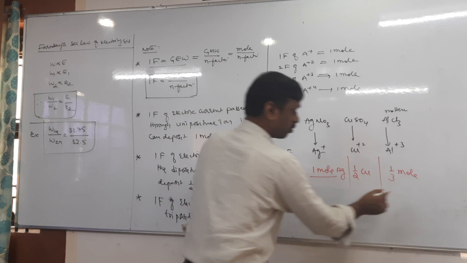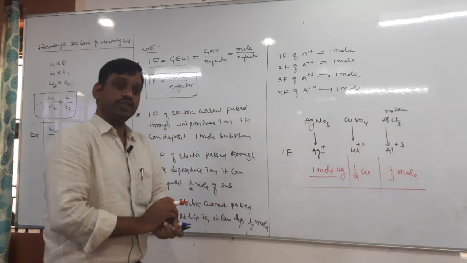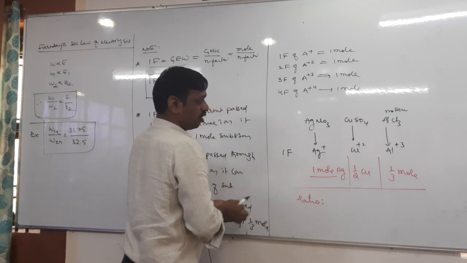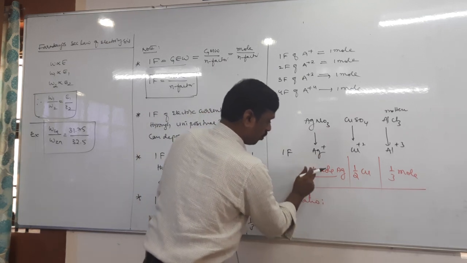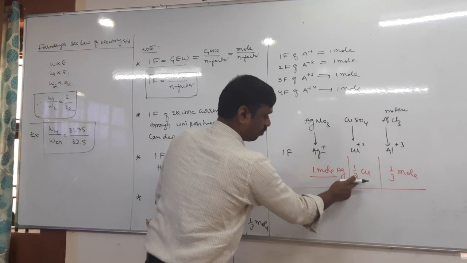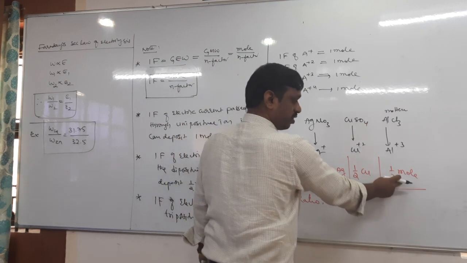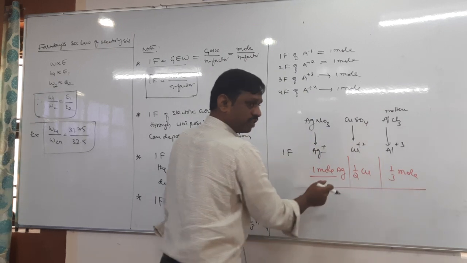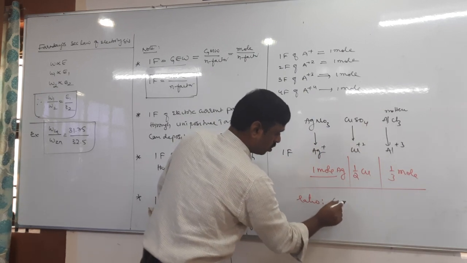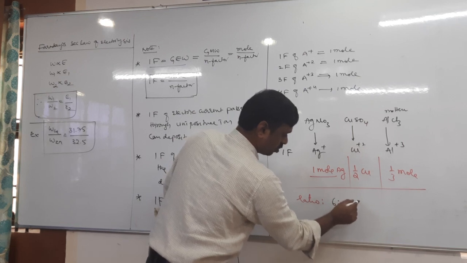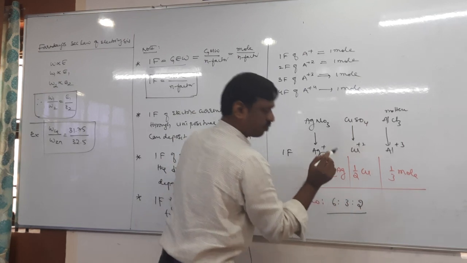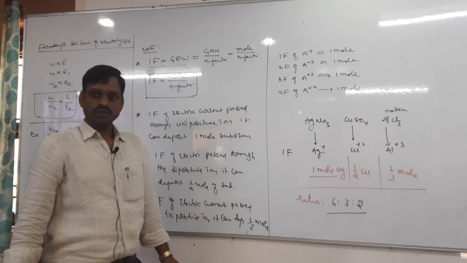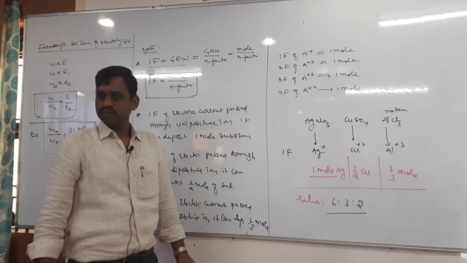Sometimes they ask for the ratio. What is the ratio of the number of moles? The ratio of silver, if you take 1, is 0.5 and 0.33, meaning multiply with 6, so 6 is to 3 is to 2, the ratio. Yes or no?